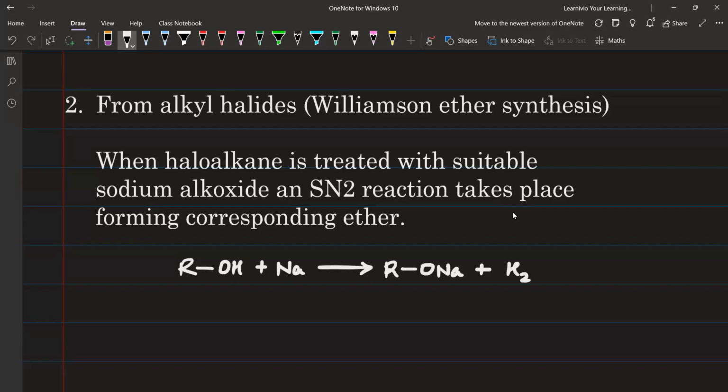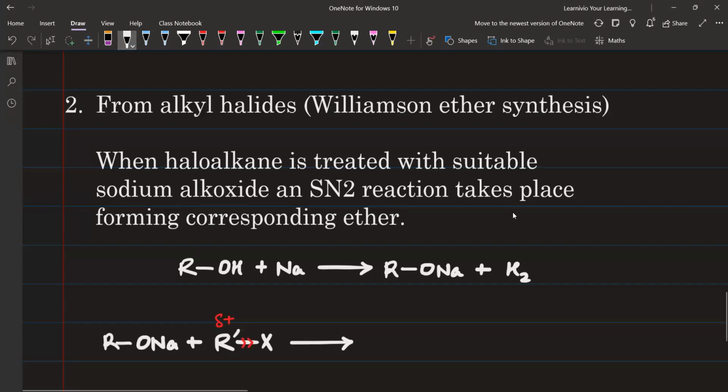So this sodium alkoxide we have to use. See here. You'll have RONa from the alcohol, plus some haloalkane, which will have a general formula of R' and a halogen atom like this. This halogen atom will have a delta positive charge, because the halogen atom is more electronegative and pulls electron density from the alkyl group.